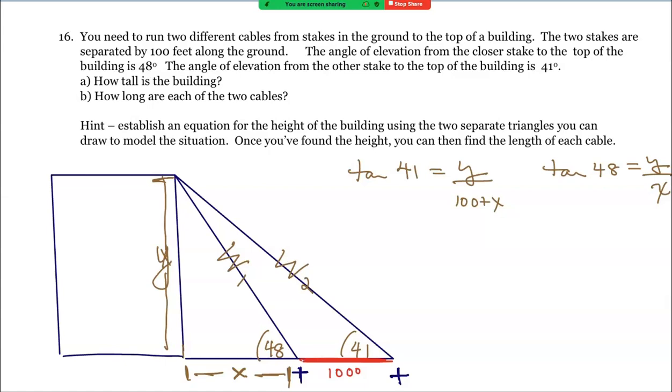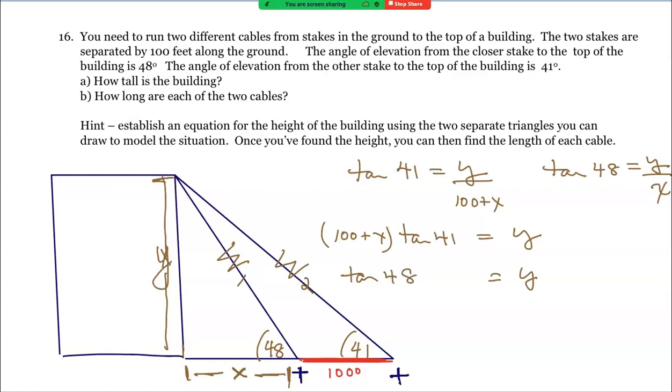So let's do the cross products. So maybe I won't jump to that. So hold on. This equals y. What else equals y?